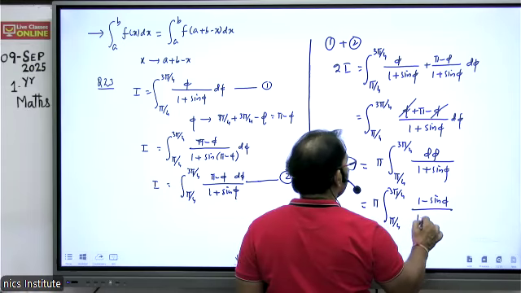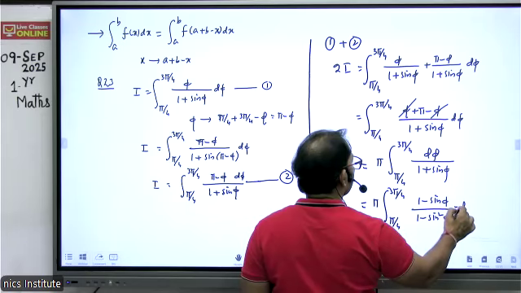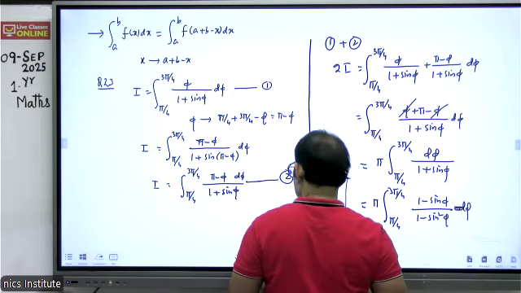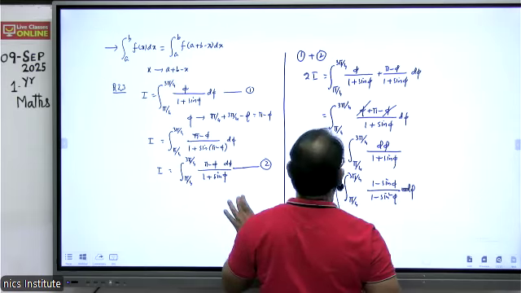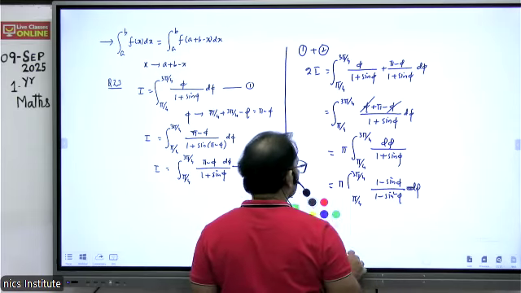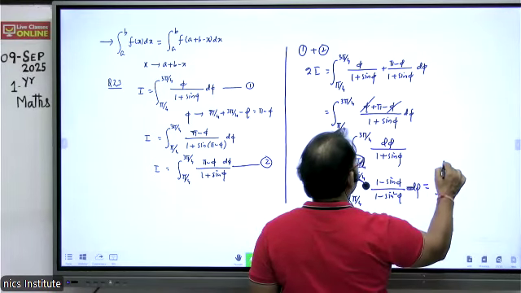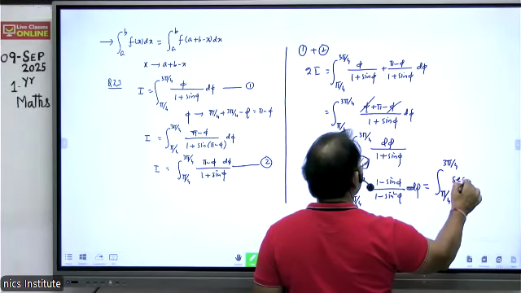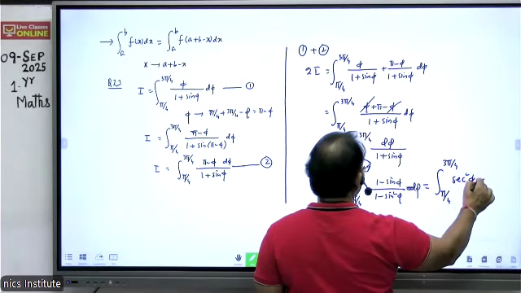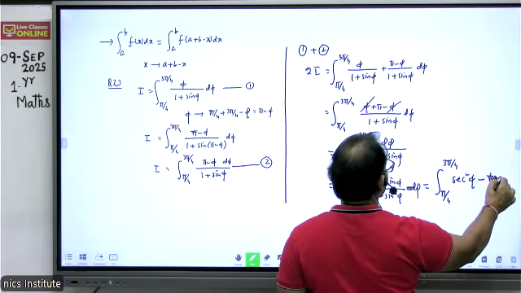It will be 1 minus sine square phi, which is cos square phi. Divide individually and you get your answer. So when you divide individually, 1 over cos square phi is sec square phi, and sin phi by cos square phi is tan phi sec phi.